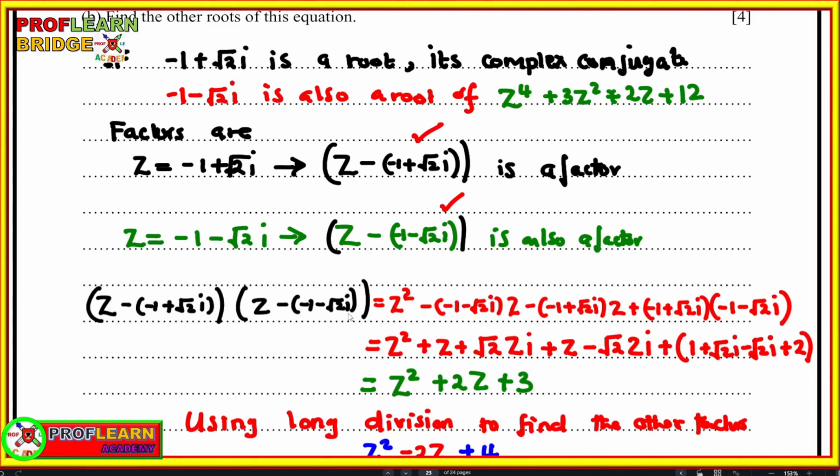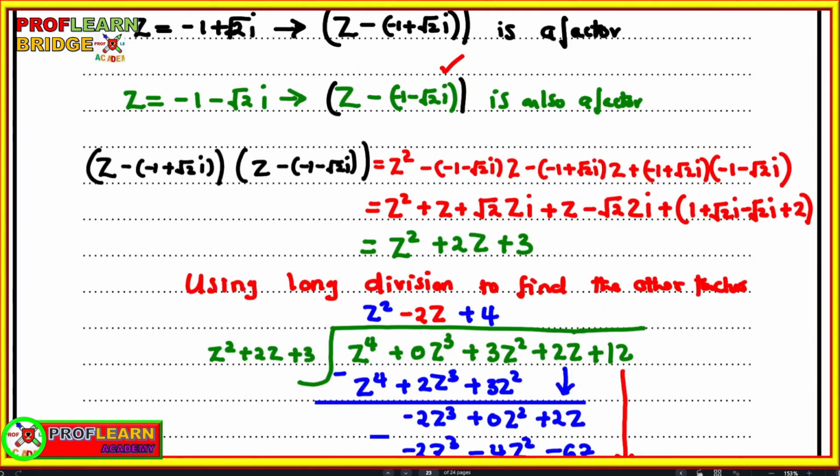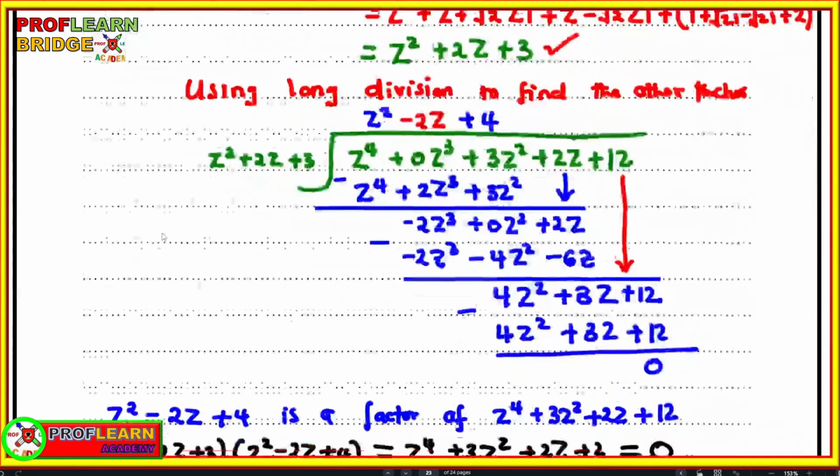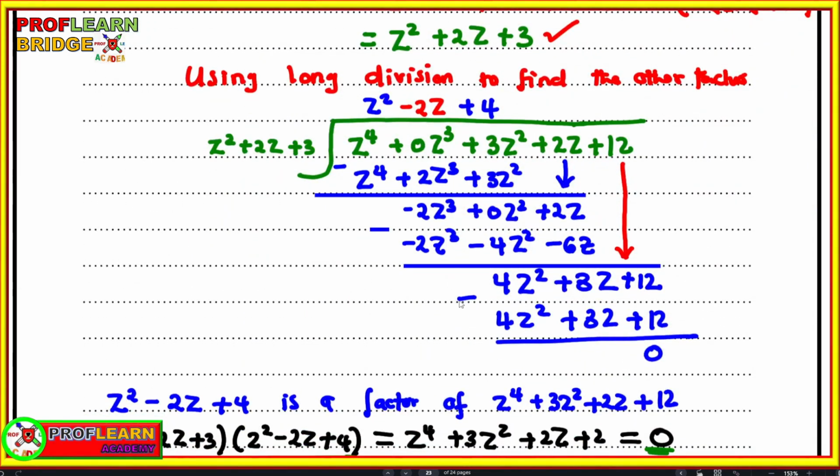I have multiplied this and expanded everything, and I ended up having z squared plus 2z plus 3, which is a factor. So if I take this factor I've gotten here and divide it into the equation that we were having using long division, you are going to get another factor.